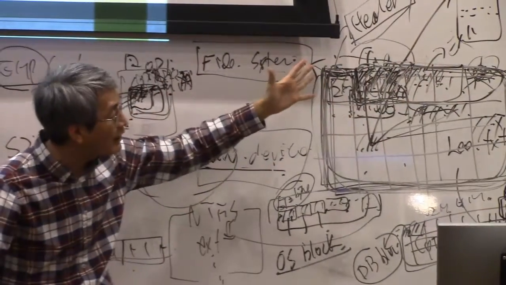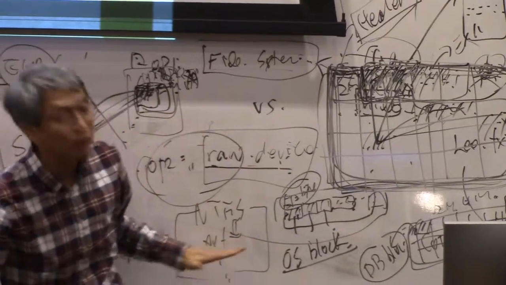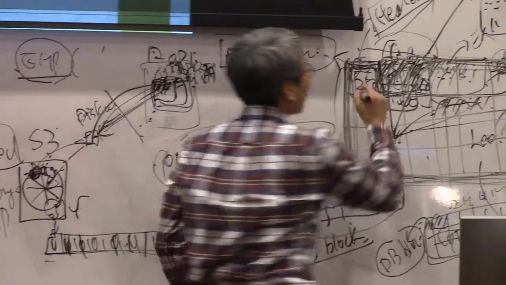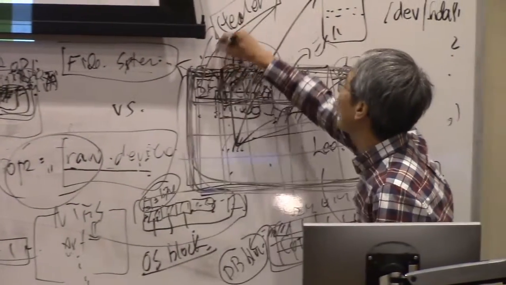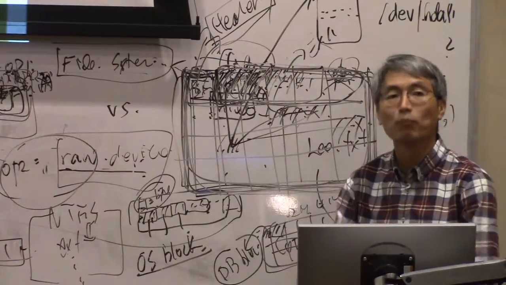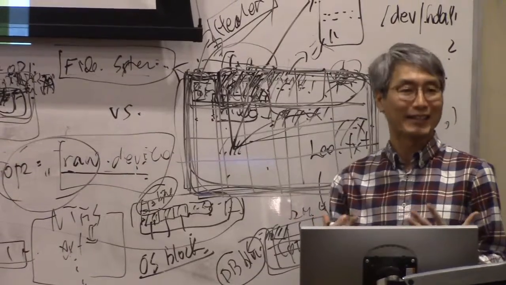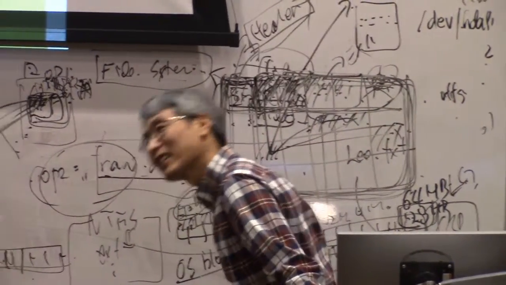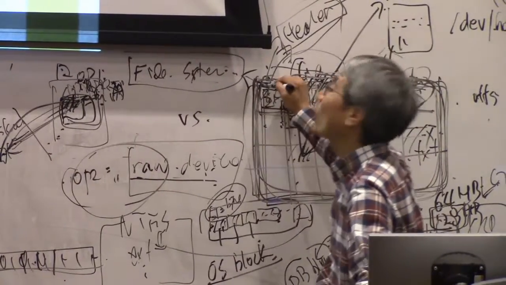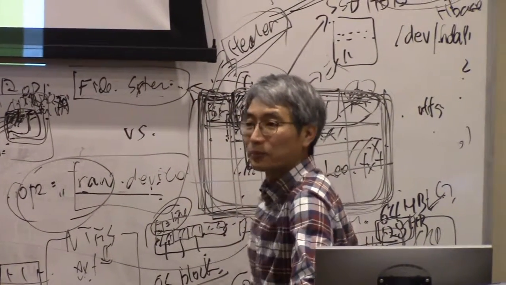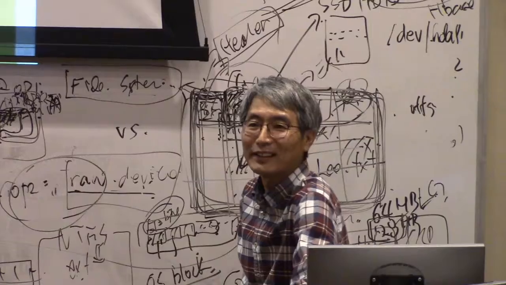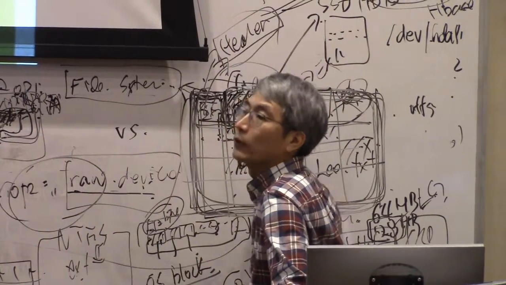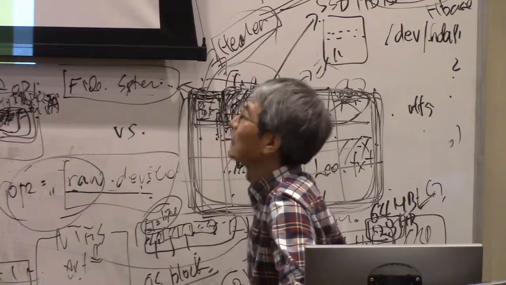Is it a file system file or a raw device? After you set up, then you can design what is the block size and how we manage this. It's very similar to a file system. That was the reason when I told you in the operating system class, the most important project was to create the file system itself. You learn a lot if you understand such a file system.